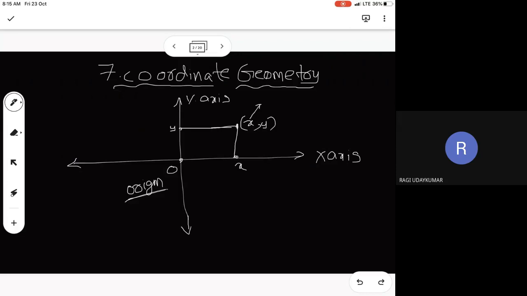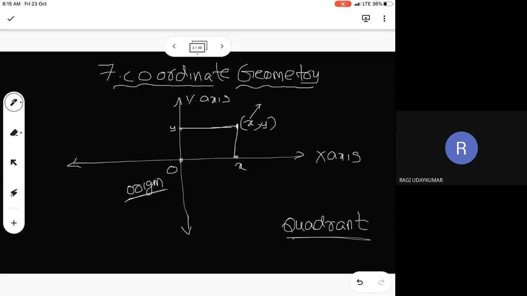So now here this is the one thing here, every point, and if you observe that these two perpendicular lines will divide the complete plane into 4 parts, and each part is called as, tell me, what do we call?